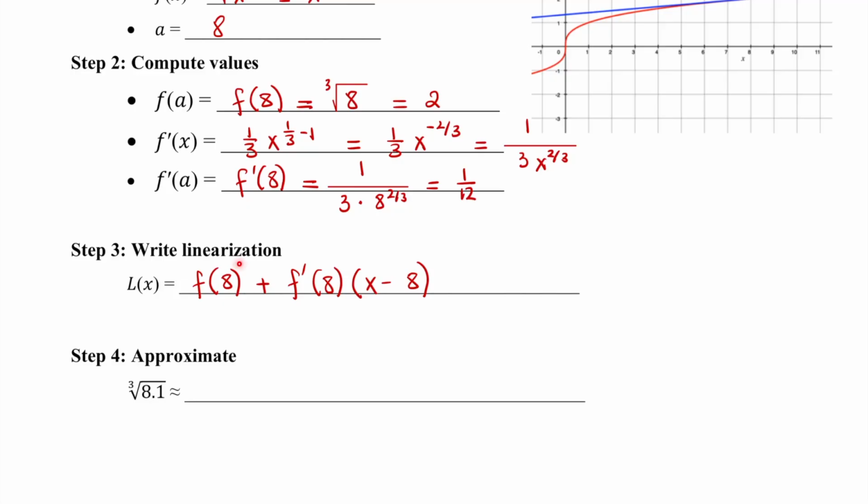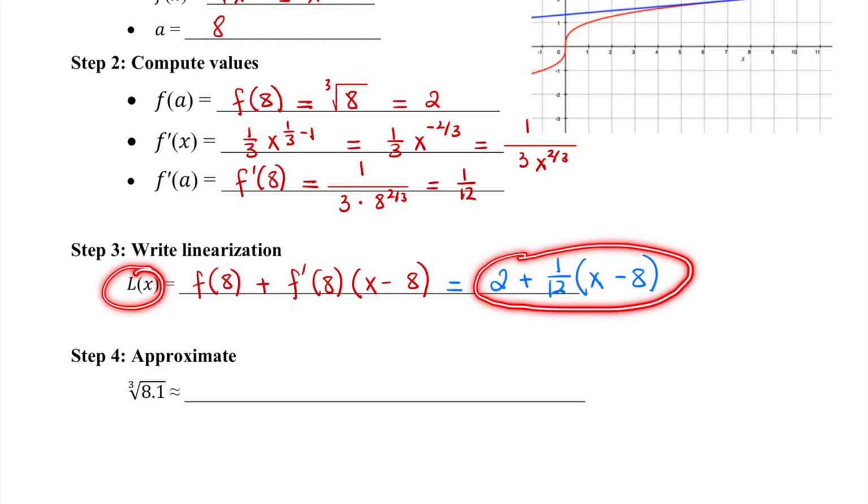Now, I replace f of 8 with 2 and replace f prime of 8 with 1 over 12. So L of x equals 2 plus 1 over 12 times x minus 8.